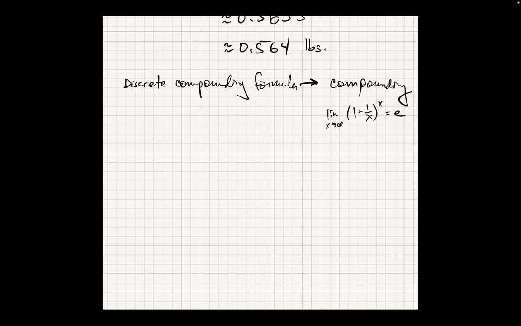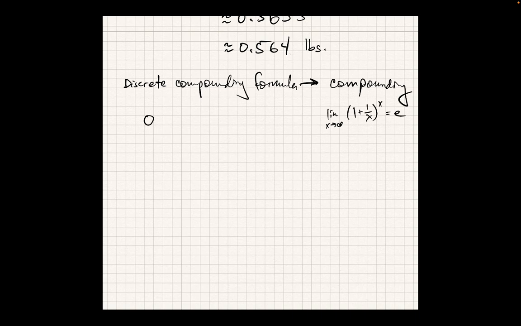Remind me how we figured out our discrete compounding formula. If you have a bank that compounds interest every year, what is your balance when you first open the account?